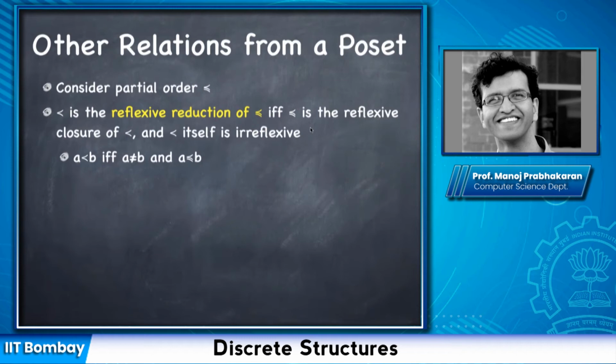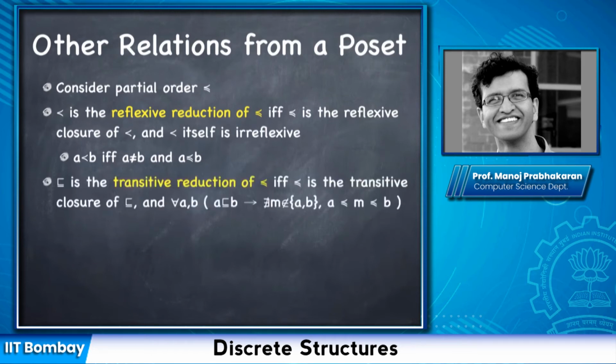It has fewer related pairs. In particular, it doesn't have the self loops. On the other hand, it has all the information about the original relation. You can recover the original relation from it by taking the reflexive closure. Okay, so that reflexive reduction is just a fancy name for removing all the self loops.